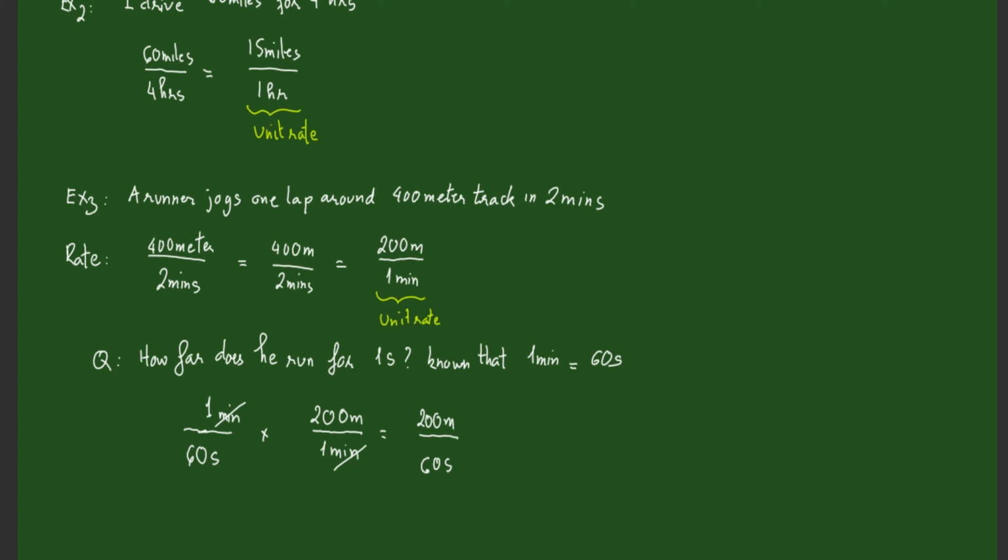This is the unit rate in minutes. This is the rate in seconds, but it's not a unit rate. So we need to convert it to a unit rate if the question asks you to. So 200 divided by 60 gives about 3.33 meters per second.